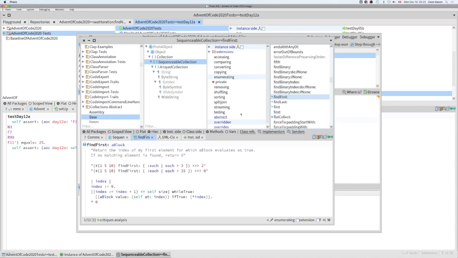Let's just see. Find first. Let's see what this does. Returns the index of my first element for which the block evaluates as true. If none is found, return 0. Okay, that could kind of work. Just seeing whether there's anything else that includes.